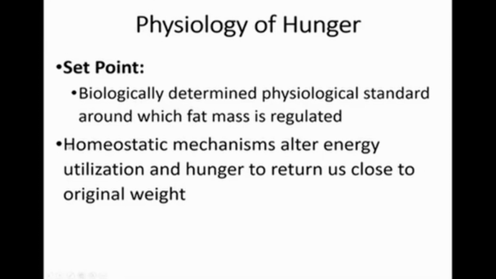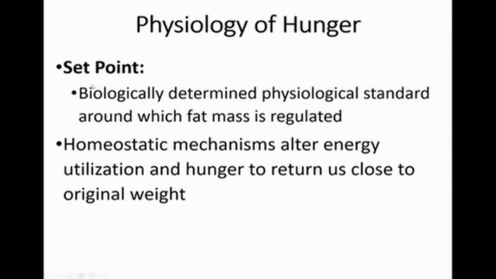And so we can talk about how the homeostatic mechanisms will alter how we use energy and how much we eat to try and keep us in that range of our set point. So we have that comfortable weight where our body operates optimally and we tend not to move from it. Our set point is basically a homeostatic point for our weight.